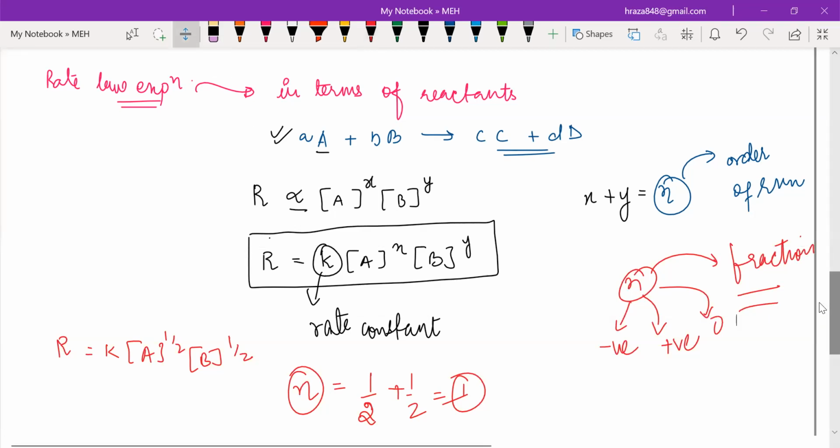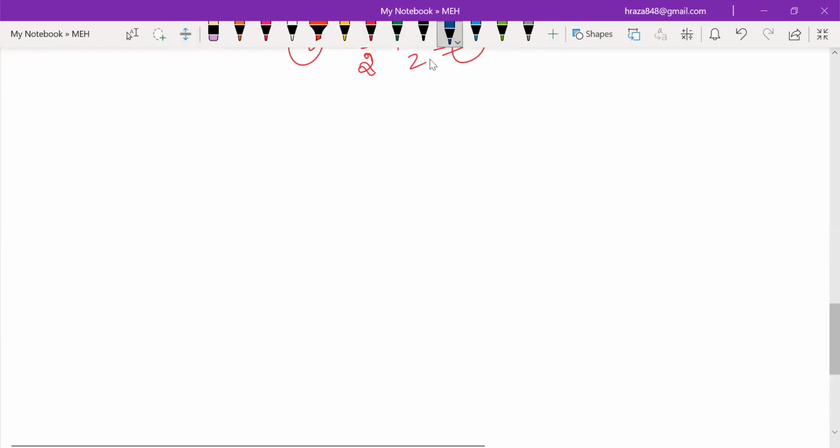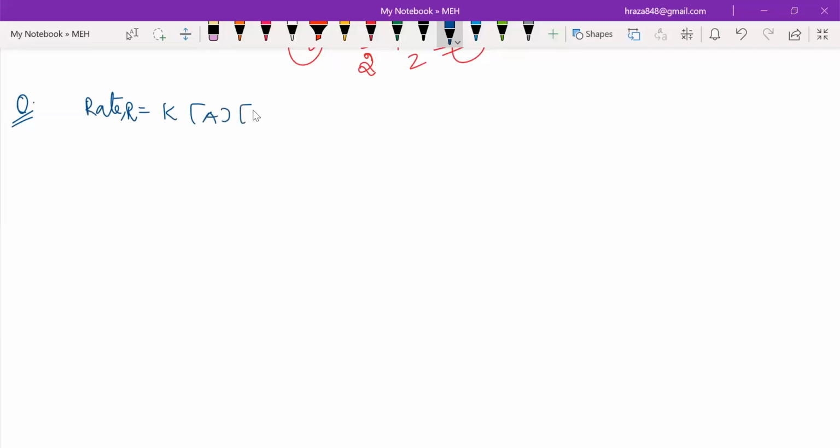Now, the next point is, if I give you the rate law expression R is equal to K into A into B square C cube. My first question is, calculate the order of reaction. Just let me know the answer so that I will ask the next question.